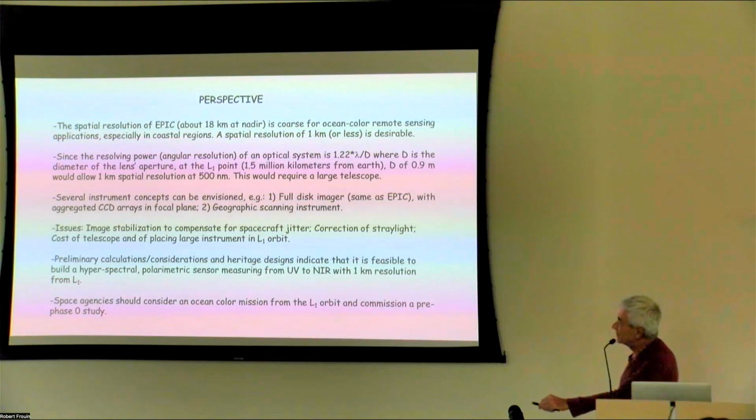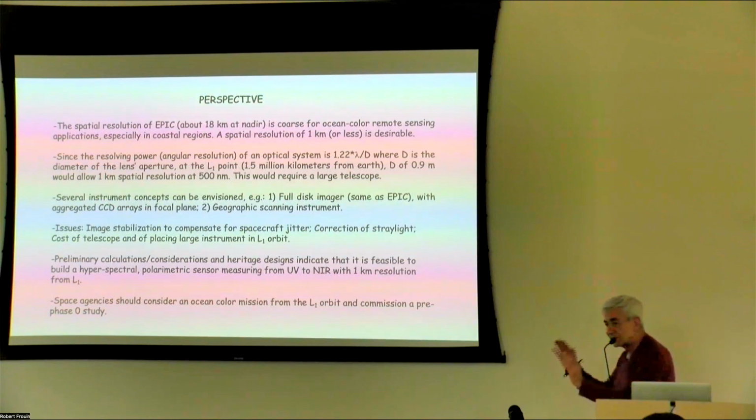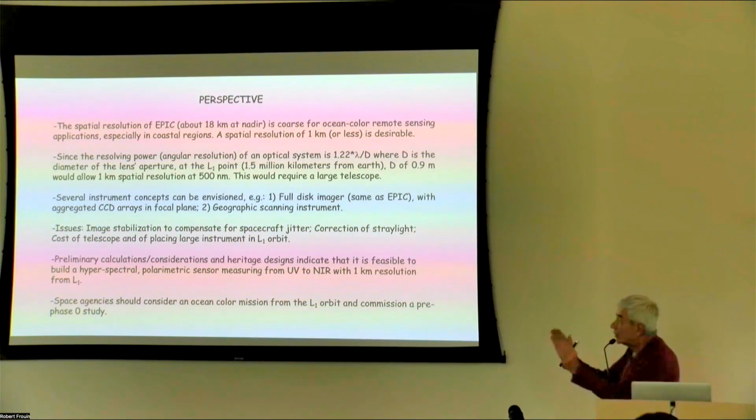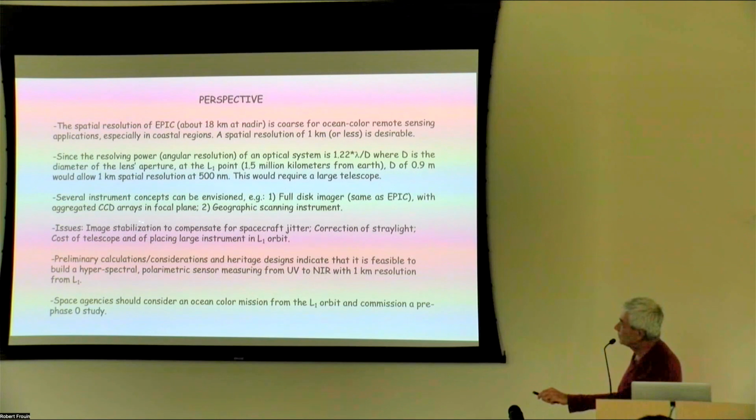But you can envision several instrument concepts, like a full disk imager, which is the same as EPIC, using a CCD to take pictures. But you need time-delay integration CCDs because the spatial resolution is much better, with color filters, but you can also think about some geographic scanning instruments.